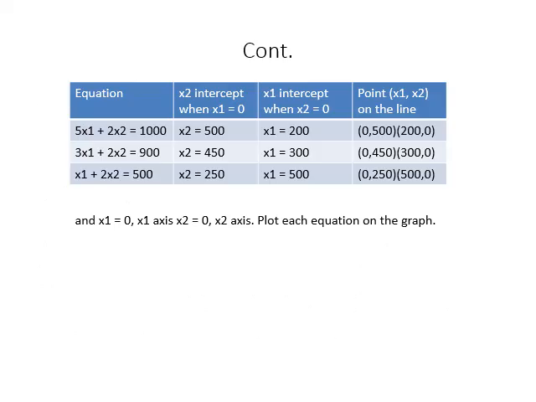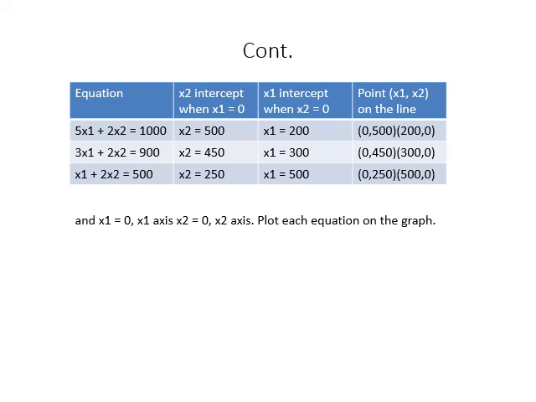Okay, this table contains 3 constraints. First, 5x1 plus 2x2 equals 1000.